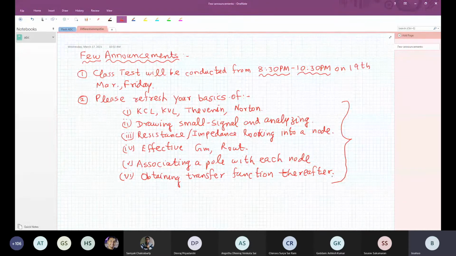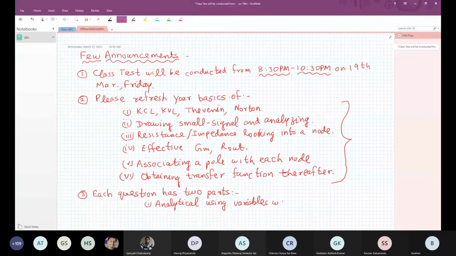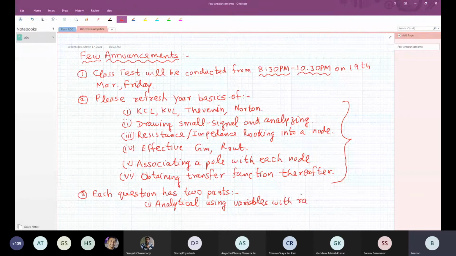Now, second thing, the question will have two parts. I want to make it clear. Each question has two parts. One, analytical, using variables with rational simplifications.